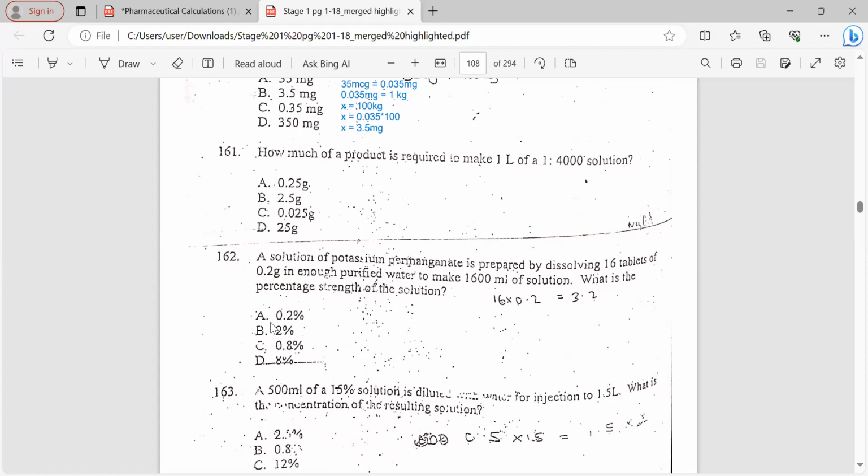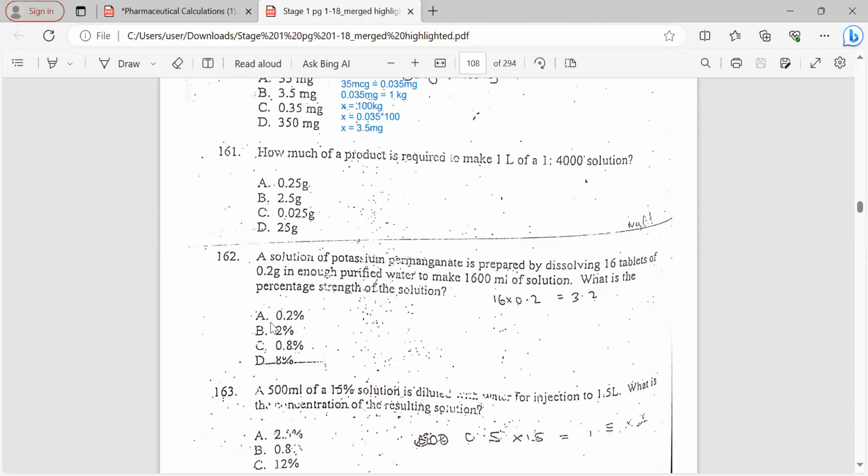Okay, so Manjari, who kindly repeat the question? The question asks how much of a product is required to make 1 liter of one is in 4,000 solution. And we said just like in percentage strength, kama ni weight by volume, ni grams in 100 mLs.